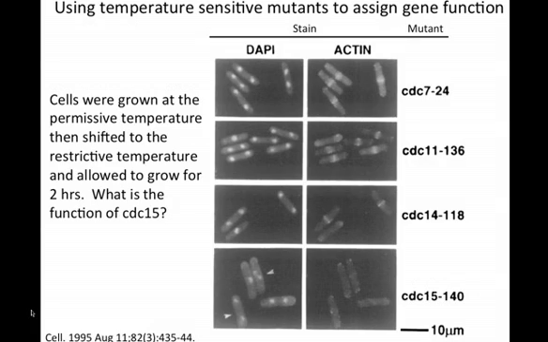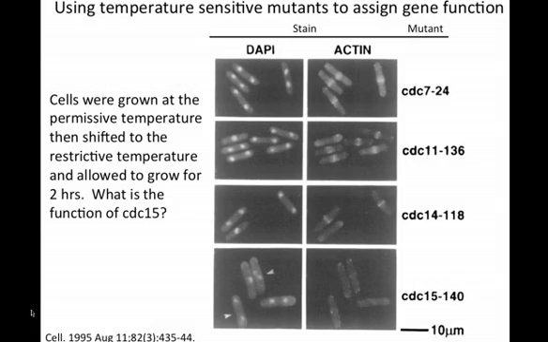Here are different mutants that they're screening: CDC7, CDC11, CDC14, and CDC15. What you want to do is look at the DAPI, which remember stains DNA, look at where it is in each cell type, and also look at actin and try to remember what actin does in the cell cycle.